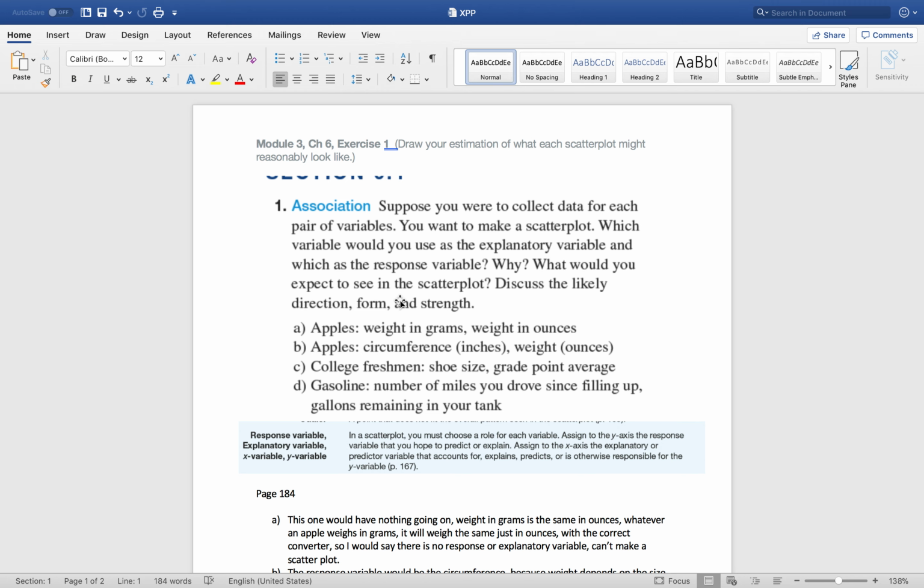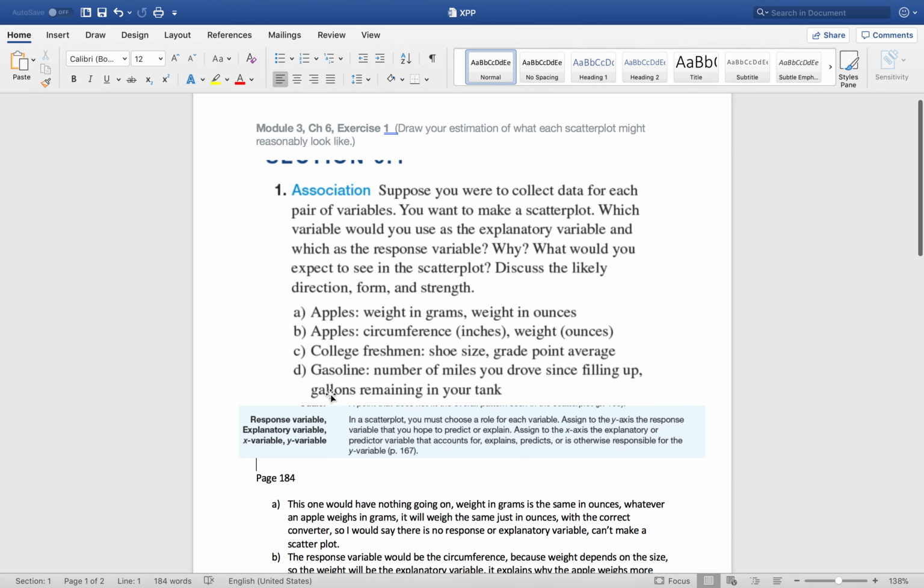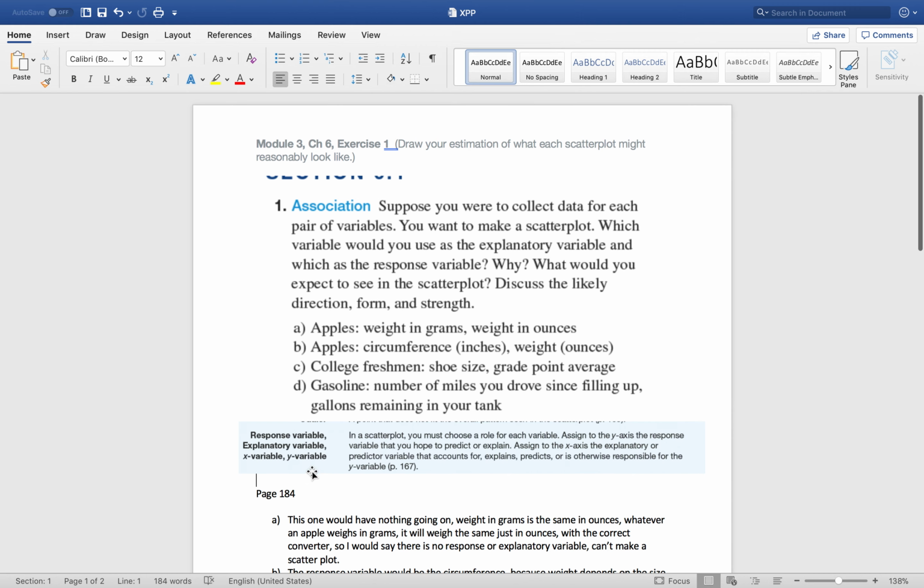Okay, so, of course, I looked up the definition of explanatory and response variable, because how can we answer that without knowing? This is found on page 184 in your book. So here's what it says. In a scatter plot, you must choose a role for each variable. Assign to the y-axis the response variable that you hope to predict or explain.